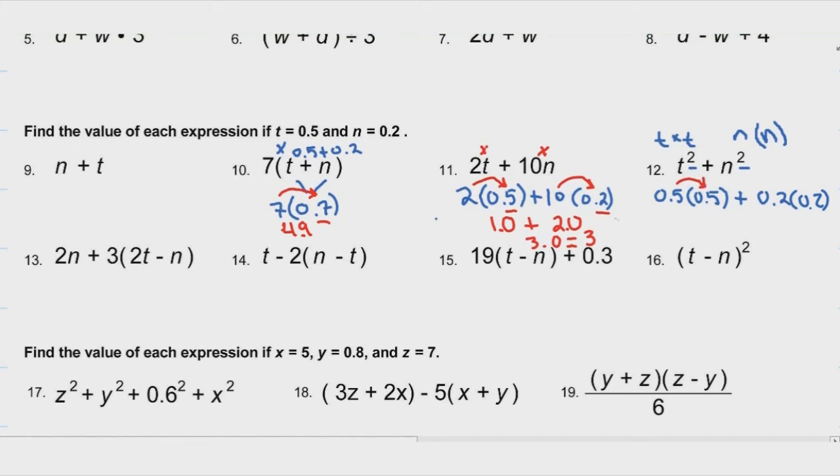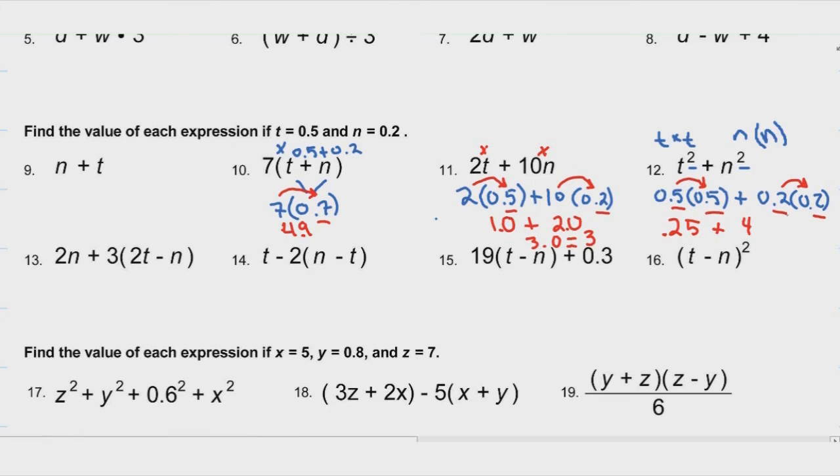5 times 5 is 25. And we have 1 digit to the right of the decimal here and 1 digit to the right of the decimal here, which means we need 2 digits to the right of the decimal when we're done. We have a plus sign, and then we have 2 times 2, which is 4. We have 1 digit to the right of the decimal there, and 1 digit there.